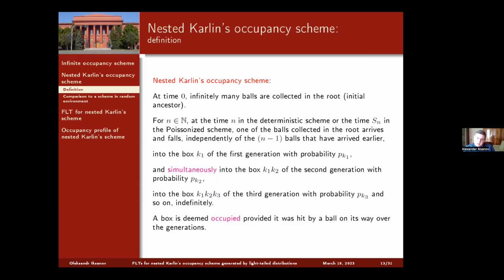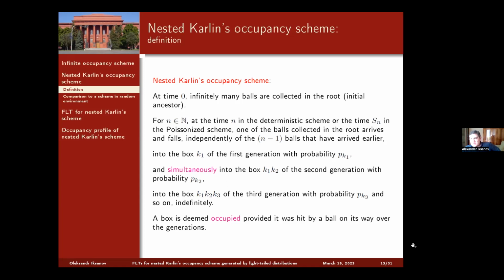And the box is deemed occupied, provided it was hit by a ball on its way over the generations. And thus, at the given time, one and the same ball is located in each generation. This is because of this word simultaneously.